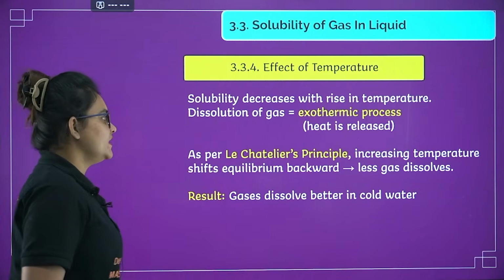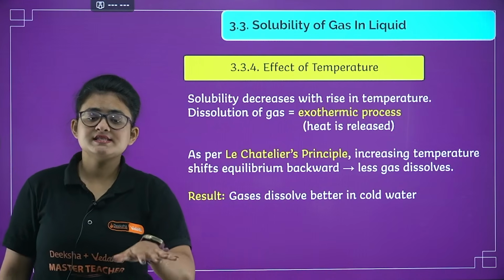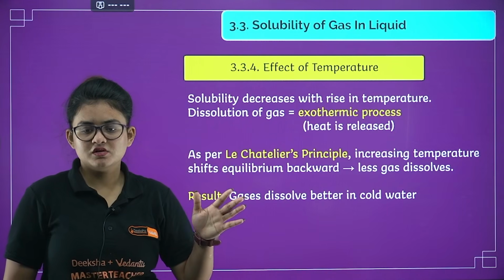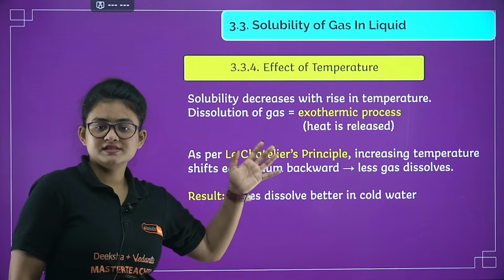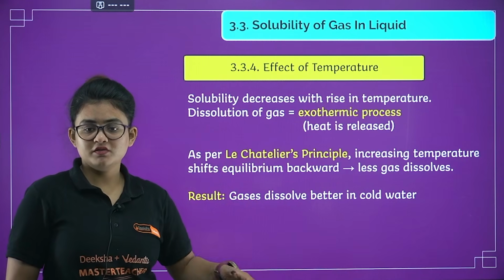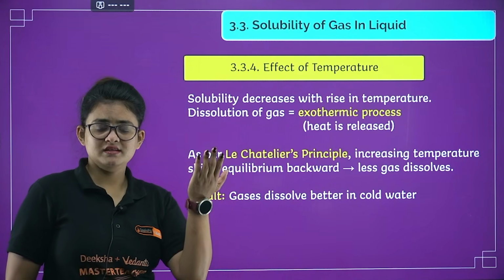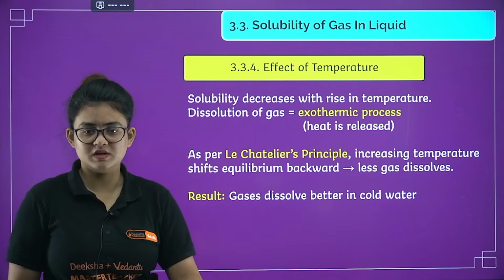So now, effect of temperature. Solubility decreases with the rise in temperature. This is for the effect of temperature: whenever the dissolution of gas is exothermic, heat is released. So if you make the temperature high, solubility will decrease, that is in the exothermic case.